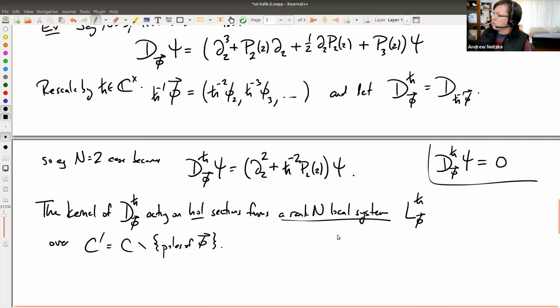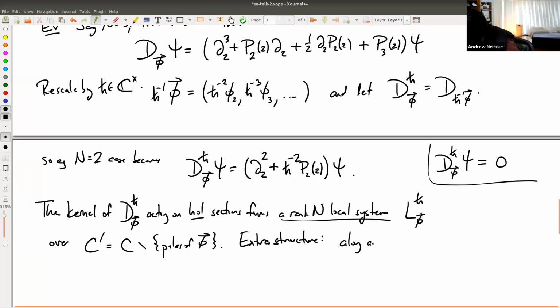And in the examples that are easiest to access, we want to use a little bit of extra structure on this local system. So it's not just a local system, it's what you call a decorated local system, which comes from the following.